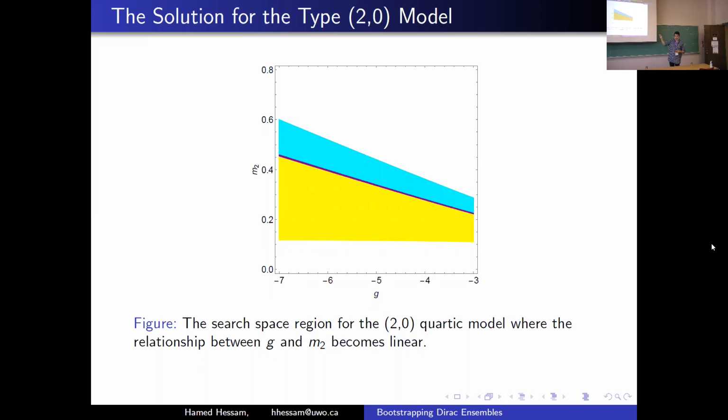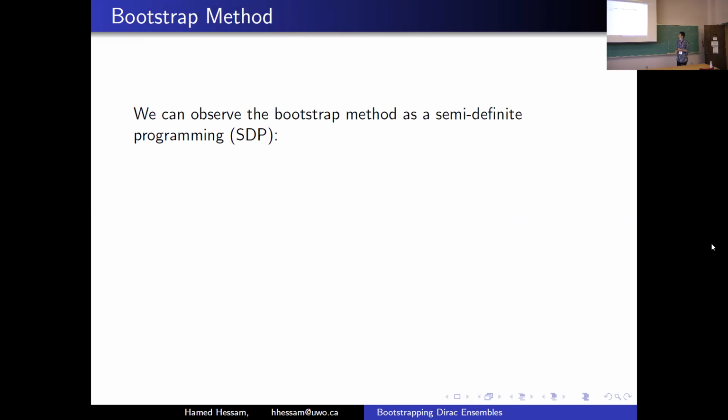The phase transition in this model appears around -3 by Monte Carlo simulations. It looks linear before the phase transition, but there is no proof because we don't have the actual relation between M2 and G. But it seems to be linear before the phase transition. So this is the type 2-0.